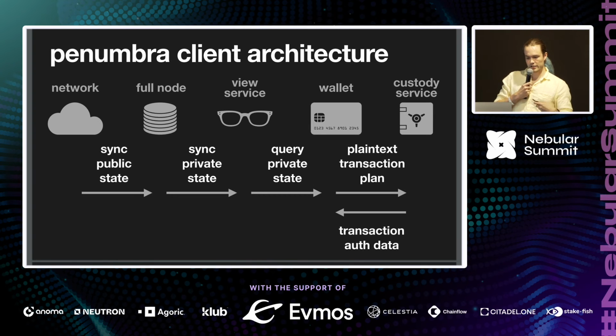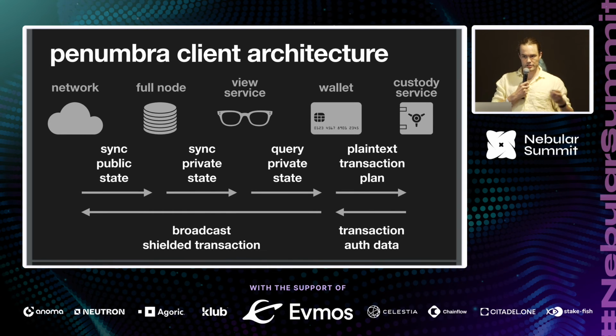But the auth data actually comes before the final transaction is built, so that the wallet can be doing all of the expensive proving work on its own without having to involve this custody service. And at that point, it can then broadcast this shielded transaction. But at the point that the transaction is actually being authorized, the custodian has complete visibility into what it's about to sign.